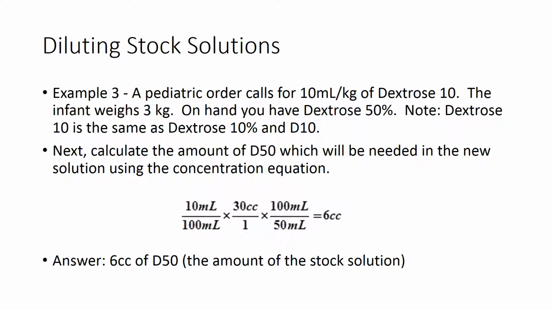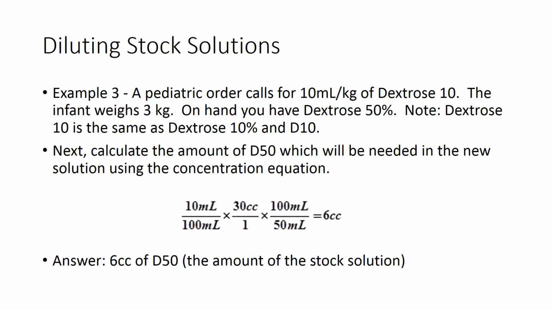So next we need to calculate the amount of D50 which will be needed in the new solution in order to make sure that we get to 30 cc's. So we set up our equation. We know we need to get a 10% solution, so we have 10 milliliters divided by 100 milliliters. We know we have 30 cc's, which is our final dosage amount, so 30 cc's per dose. We just calculated that in the previous slide.